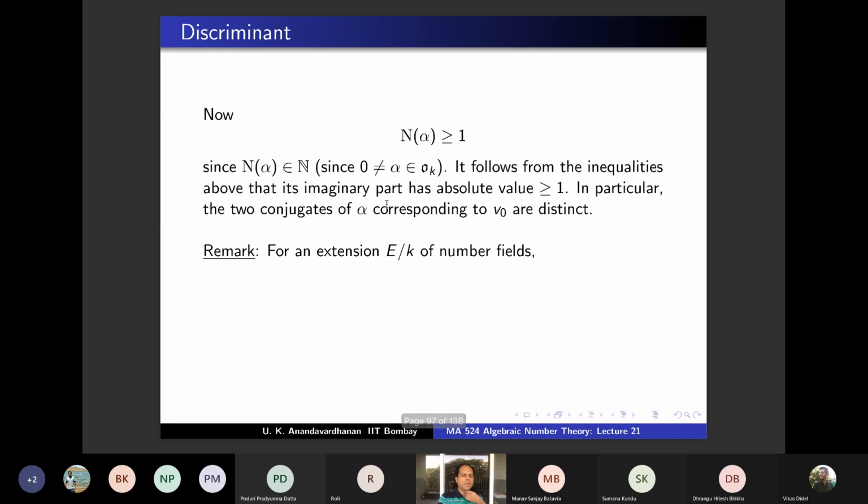You are concluding this from something that I might have mentioned, but we did not put it on the slides, which is that if you have an extension of number fields and you fix any place downstairs, then the norm is the product of local norms over W lying over V. That's what we are applying here with V to be v0. So if you take V to be v0, then there are two.